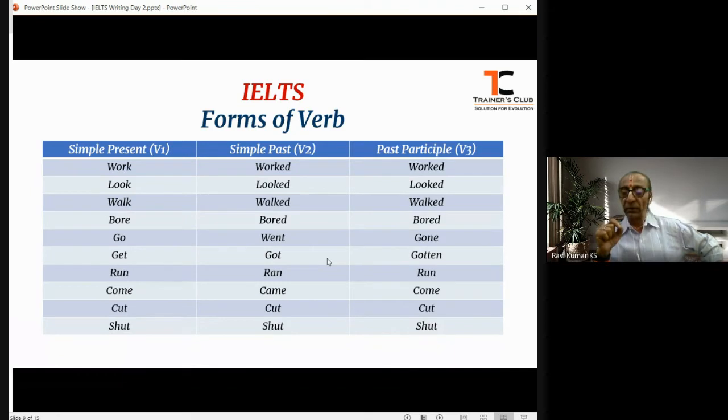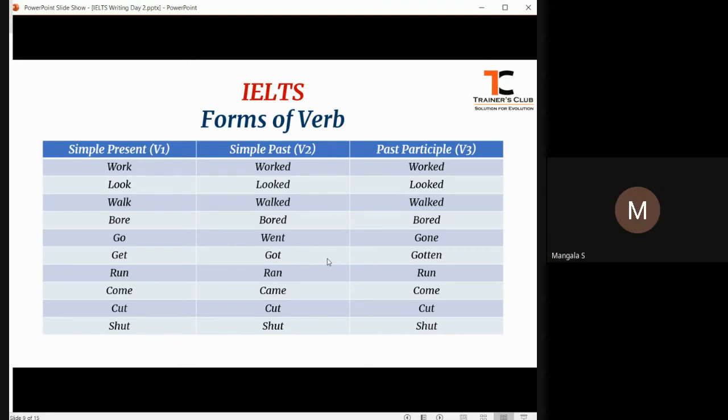The same word learn becomes an irregular verb when it comes to British English. It is then said as learn, learnt, learnt. So these are few words that make a lot of difference. Is that clear?